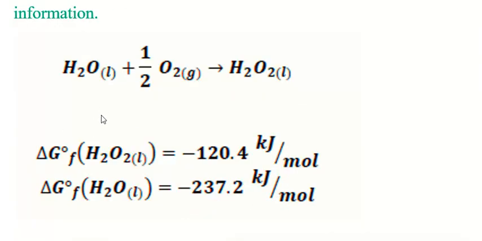What is the information provided? Liquid water, when treated with oxygen, forms hydrogen peroxide. The standard free energy change for hydrogen peroxide is minus 120.4 kilojoule per mole, and Gibbs free energy change for the water is minus 273.2 kilojoule per mole.